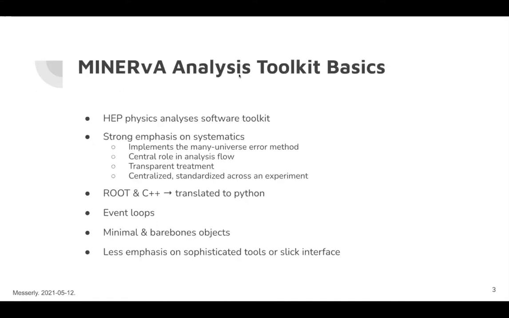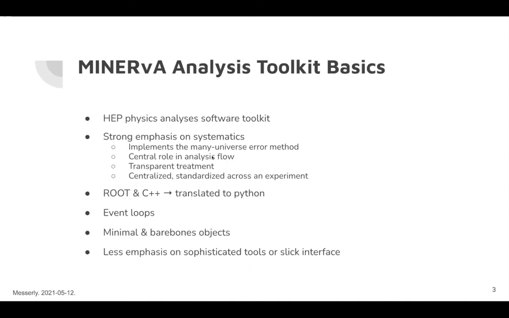So as you've probably gathered, the MINERVA analysis toolkit is a HEP physics analysis software toolkit, and taken wholesale, it can provide you with an entire event selection and data manipulation system. When we were designing this, we placed strong emphasis on transparent treatment of systematics.